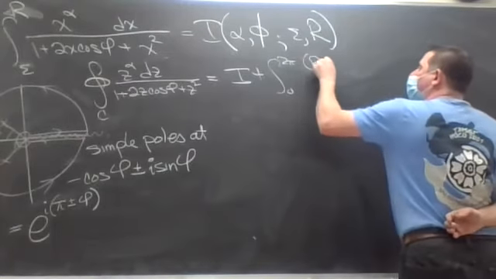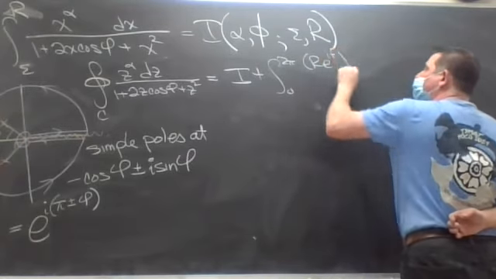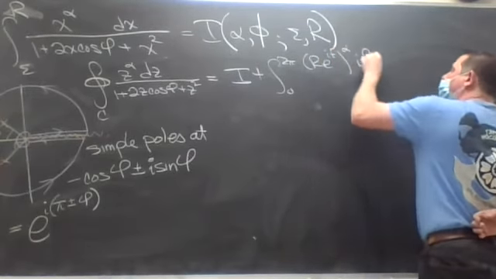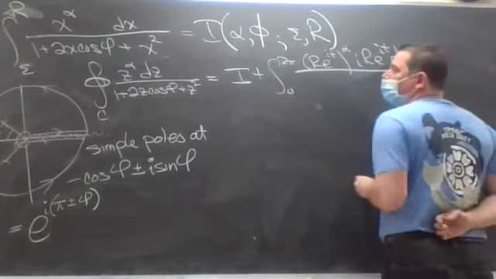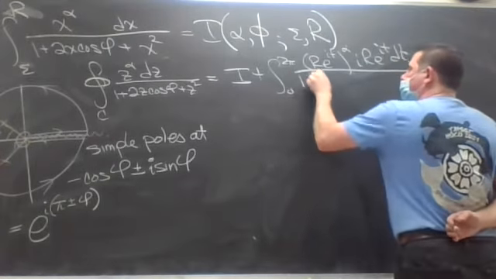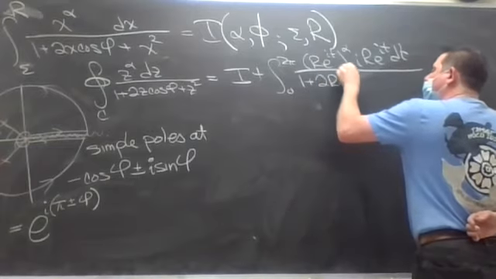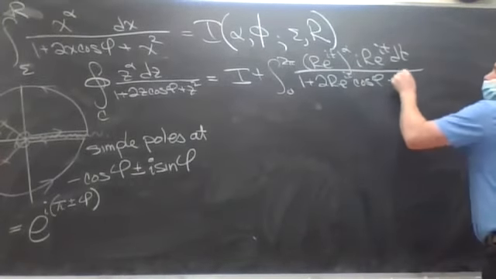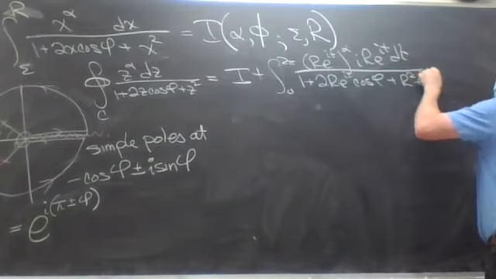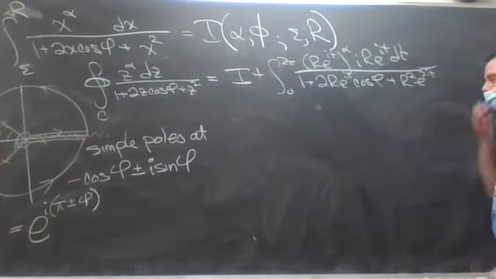It'll be R e to the it to the alpha, i R e to the it dt, divided by 1 plus 2 R e to the it cosine phi plus R squared e to the 2it.